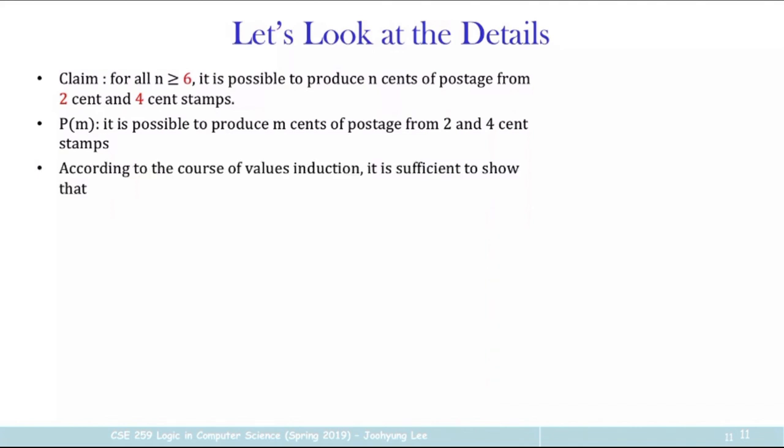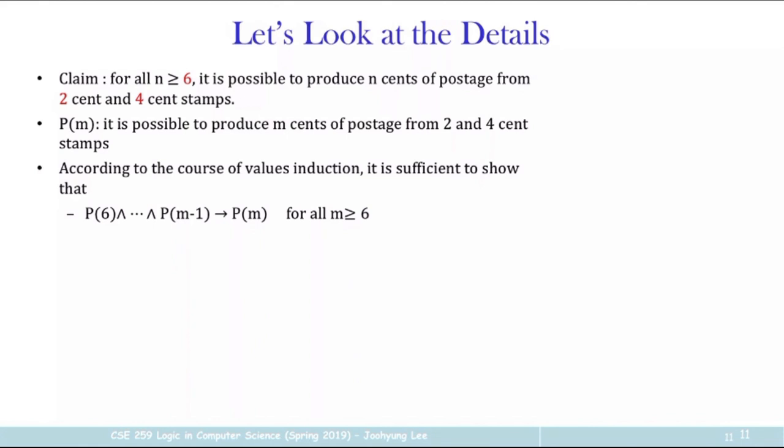Now, if we are trying to use course of values induction, what are we showing? We are showing P of 6, because induction starts from 6, when n equals 6. So if you are trying to prove the case for P of m, assume that all the preceding cases can be done.